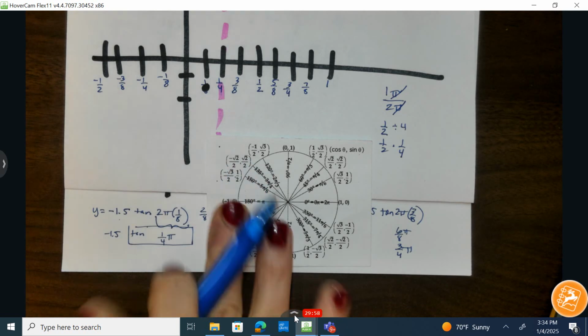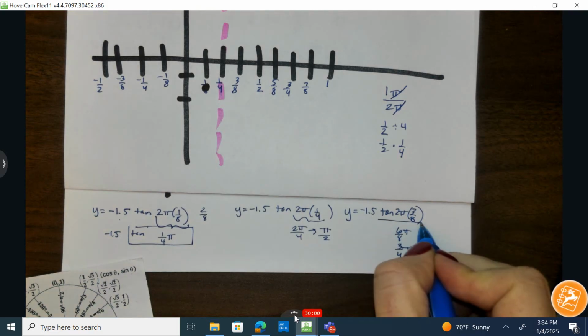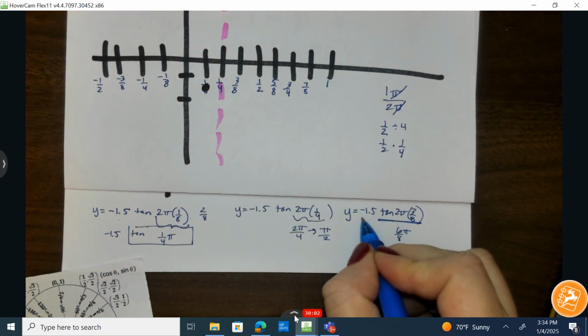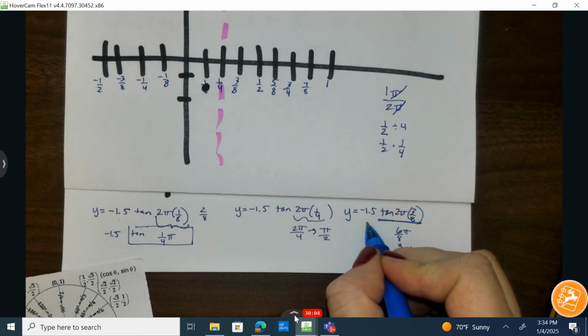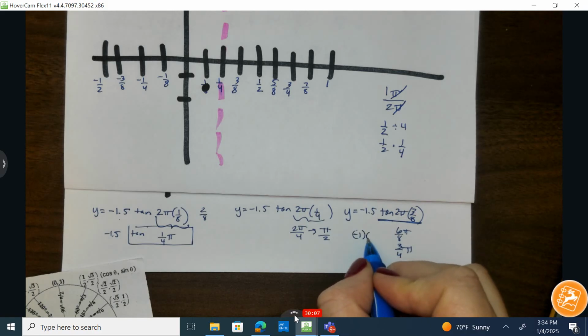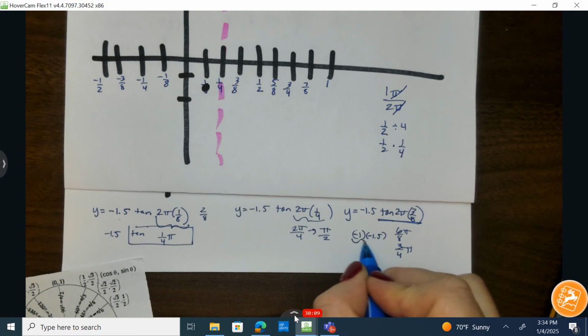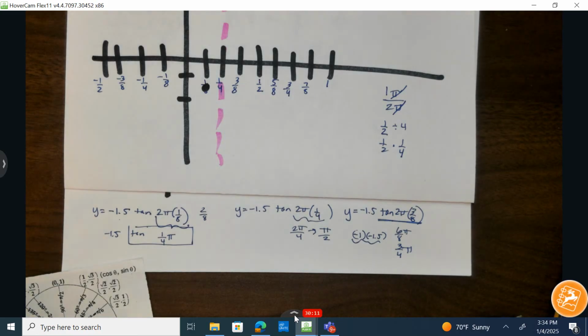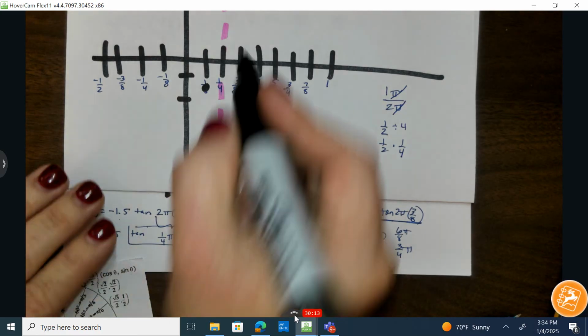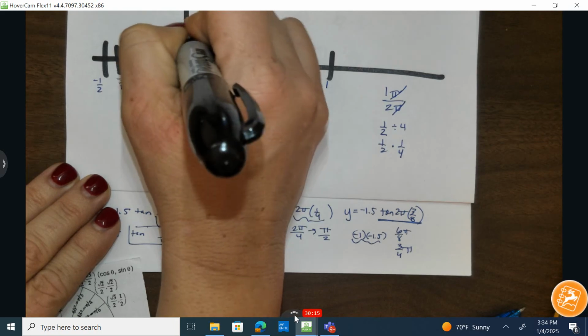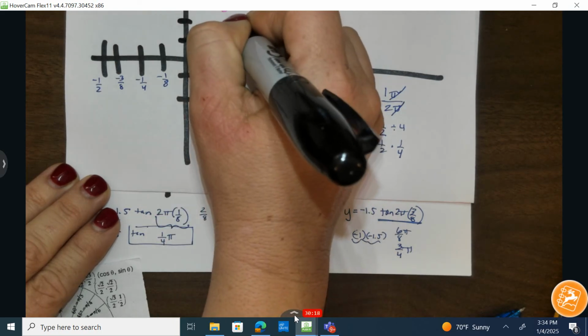So when I divide them, I end up with -1. This equates to -1 times -1.5. If you're a visual learner, -1 times -1.5 would be a positive 1.5 or a positive 3/2. So at this position, I'm going to go up to positive 1.5.